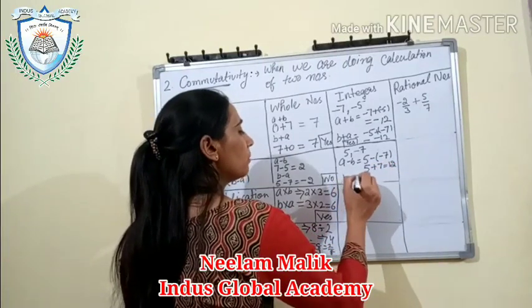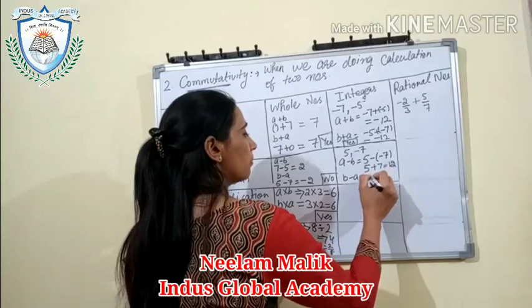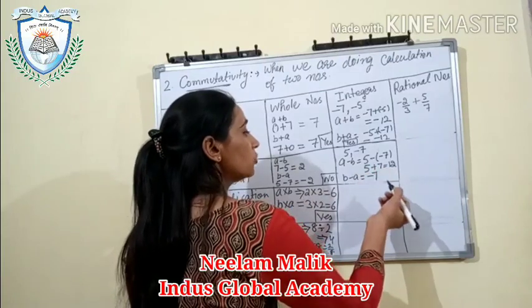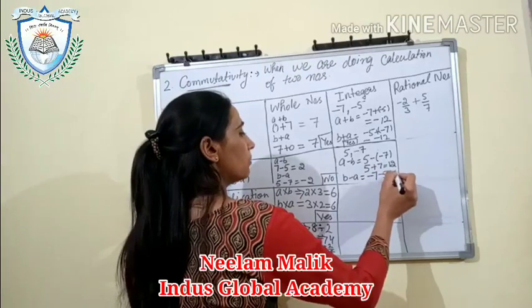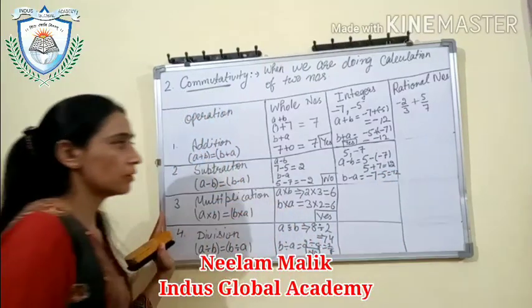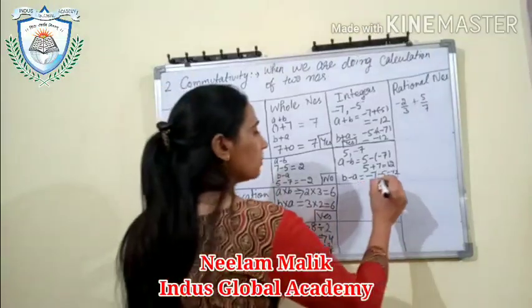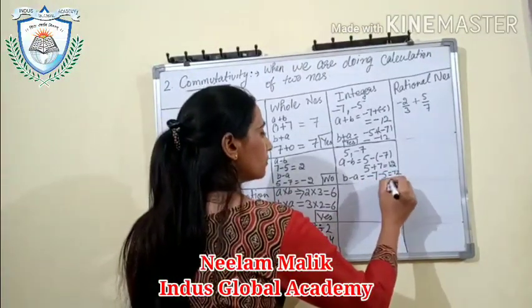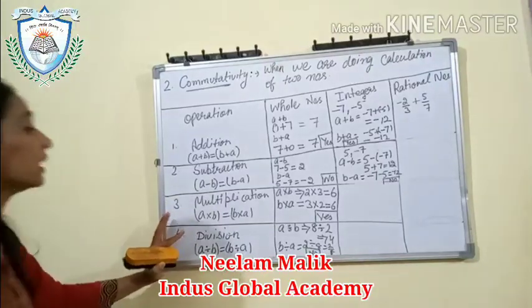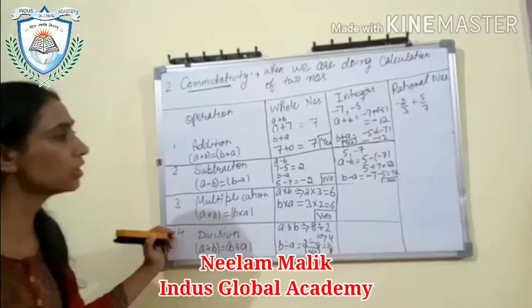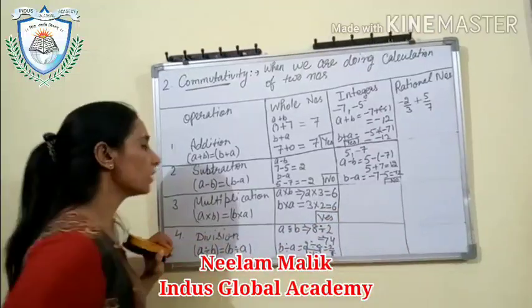When you do b minus a, b means minus 7, minus 5, that will be minus 12. That means integers are not commutative under subtraction. It was no, it is also no.